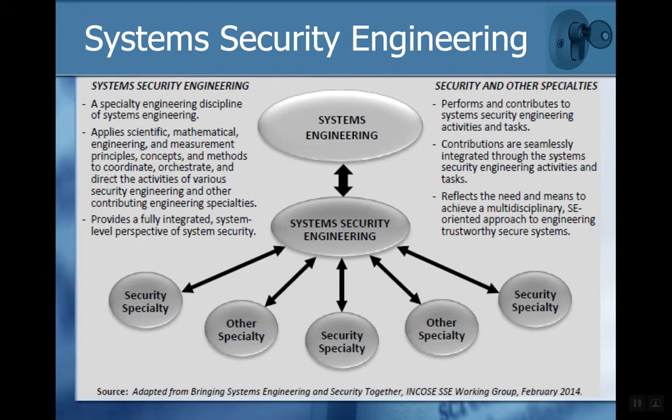A particular focused area that covers a wide number of different areas: scientific, mathematical, engineering, measurement, a variety of different things that all come together, applied with the objective of information system security.